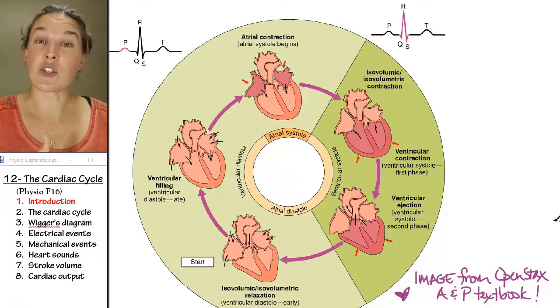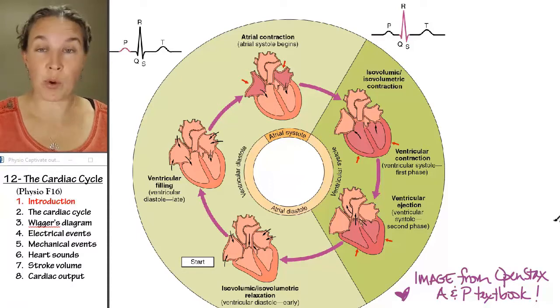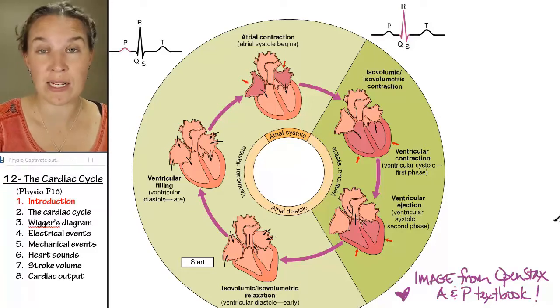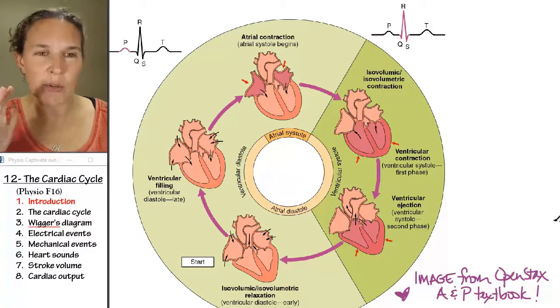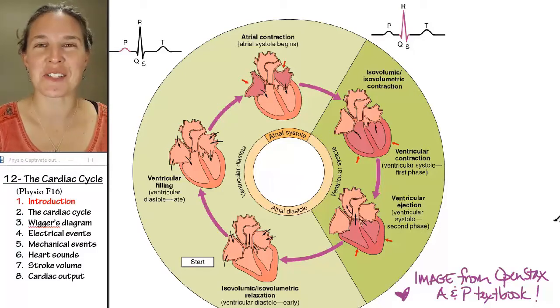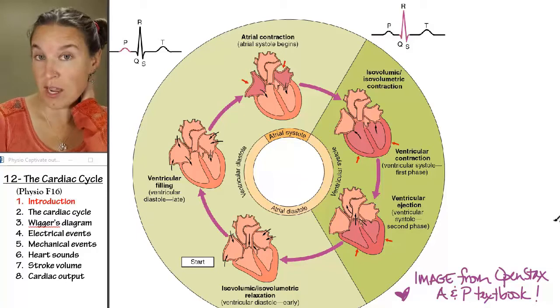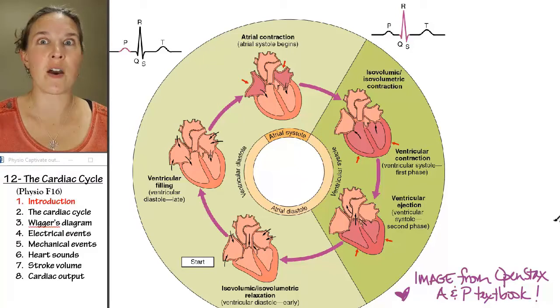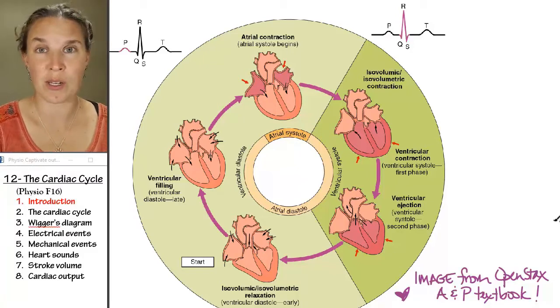We looked at the contractile cells, which really make up the bulk of the heart muscle itself. 99% of your heart muscle is made of contractile cells. And then there's this 1%, which is the autorhythmic cells, which are super cool, and they generate their own action potentials and thereby initiate contraction of the cardiac muscle in a rhythmic way, forever, without even having any neural input necessary at all.